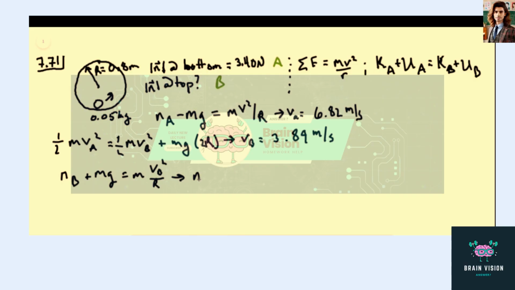So the normal force is equal to the mass times the centripetal acceleration minus the acceleration from gravity.